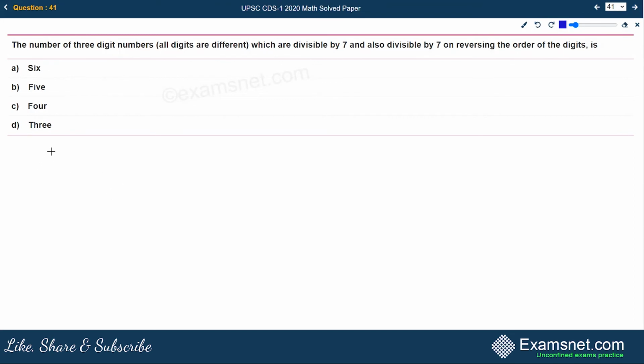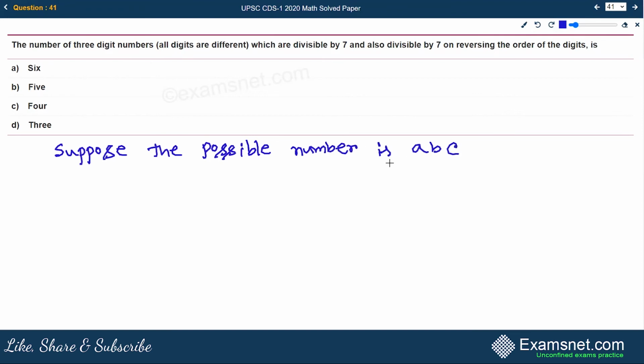Suppose the possible number is ABC, since this is a 3-digit number. Then when we reverse it, it will become CBA, and both are divisible by 7, as given in the question.